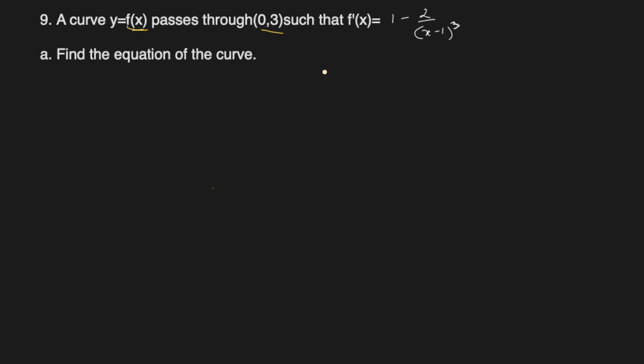Let me write it again. f prime x is equal to 1 minus 2 over (x minus 1) cube. So if I integrate this one and integrate the right side as well with respect to x, what will that be? The integration of the first derivative is the equation of the curve, the function itself.